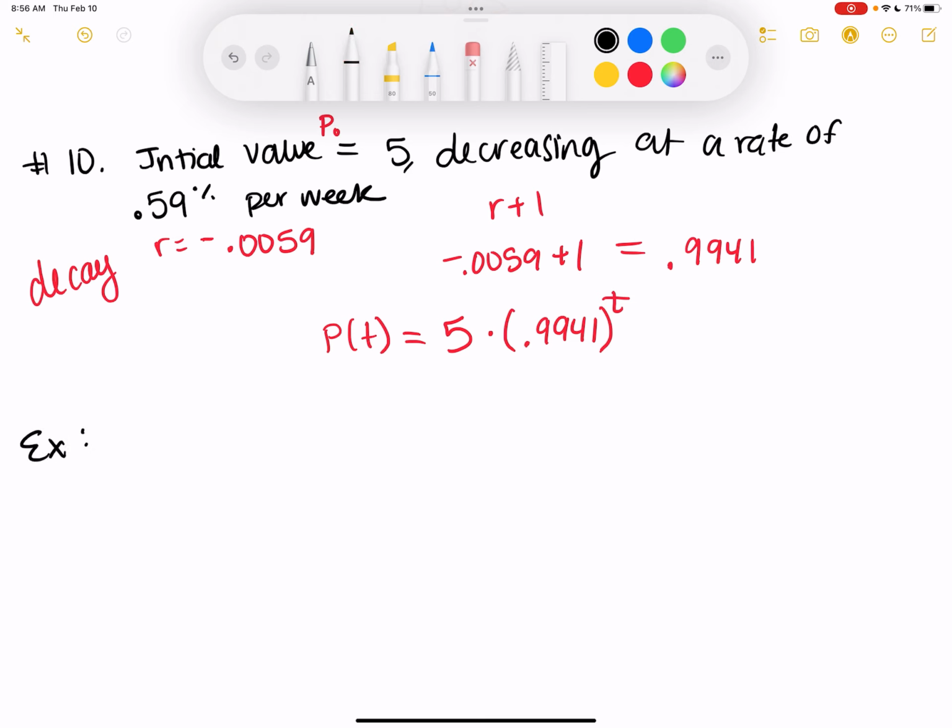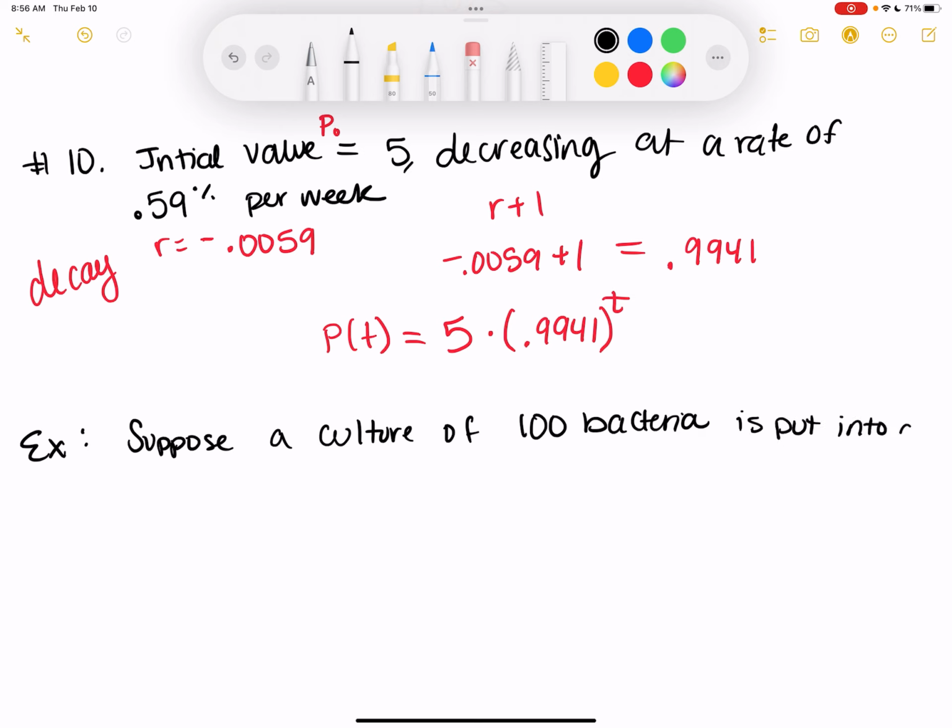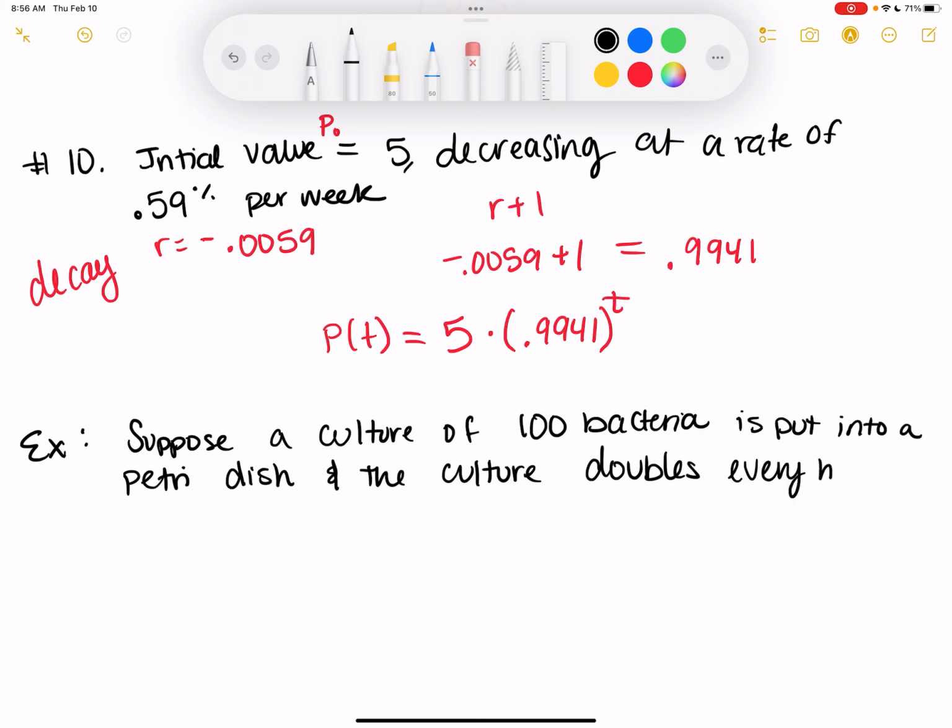All right, so suppose a culture of 100 bacteria is put into a petri dish, and the culture doubles every hour.